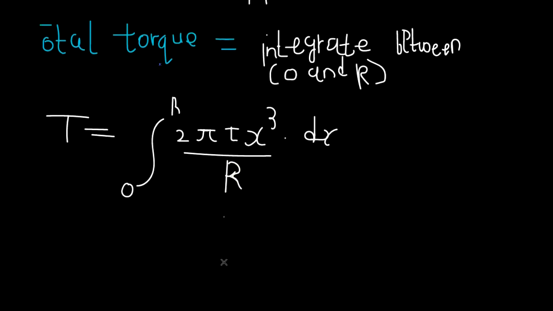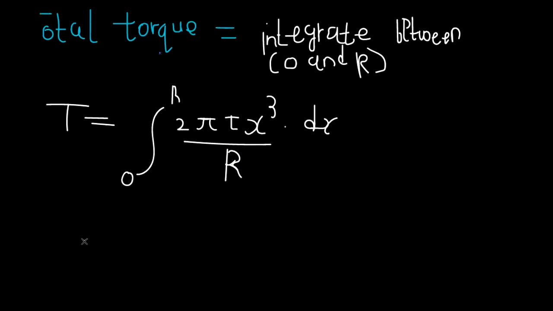By the rules of integration, 2 pi and tau will be out of the integration, even r, we won't integrate these.